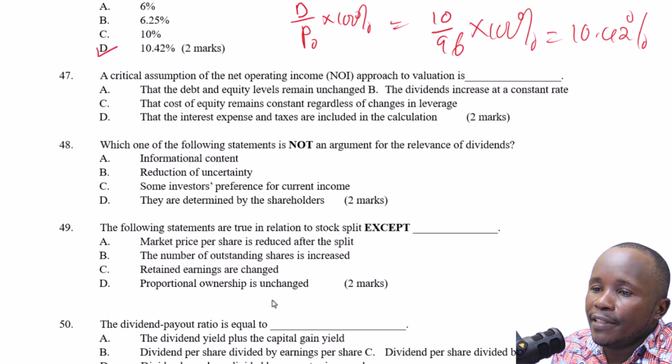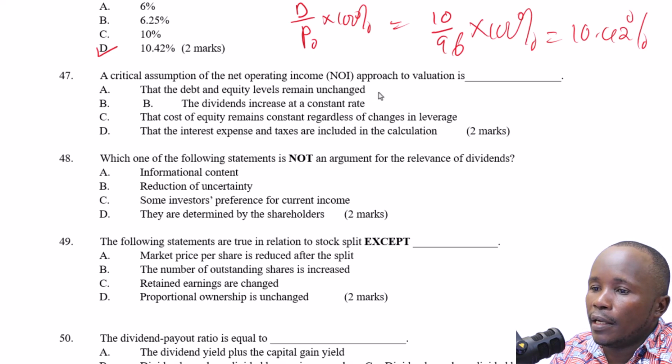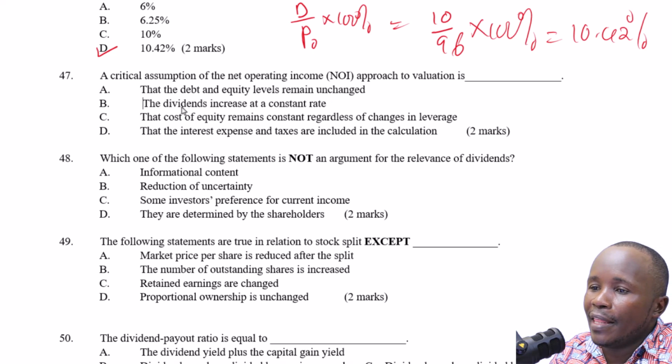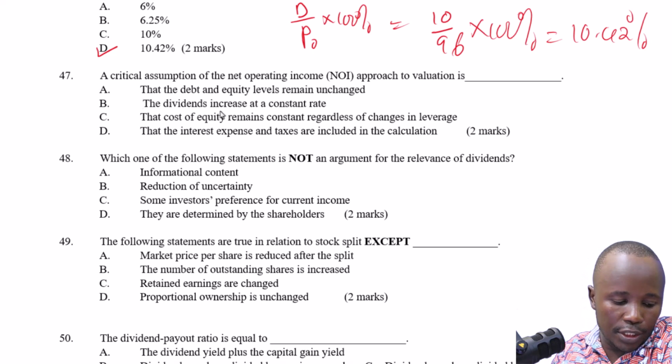Question number 47. You are told a critical assumption of the net operating income approach to valuation. What are the assumptions of the approach to valuation? We are saying that the debt and equity levels remain unchanged? Not really.